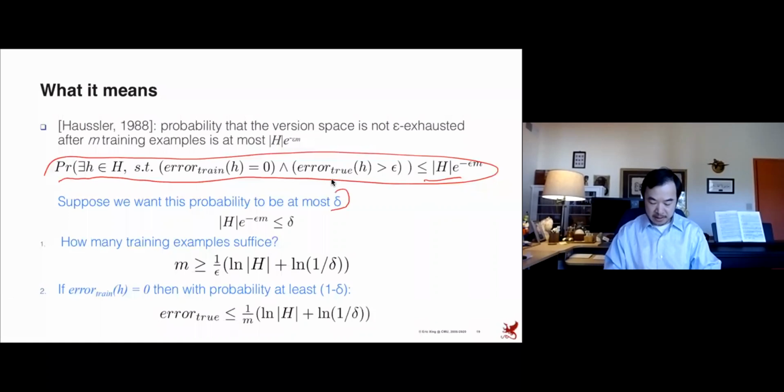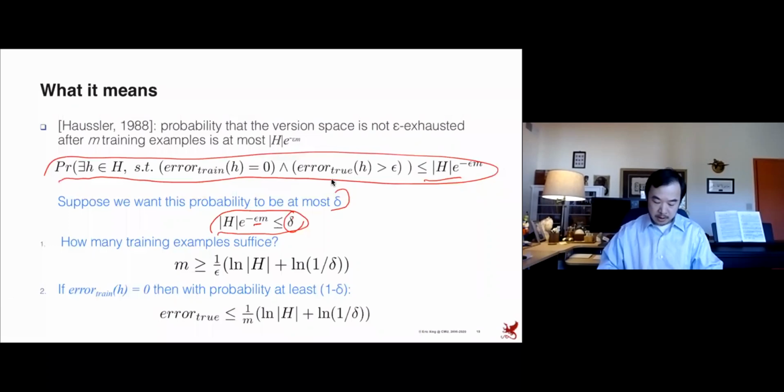So that's basically where delta gets in. You can see these are two errors. Delta is the probability of this event happening, and epsilon is just the probability of a hypothesis committing an error.